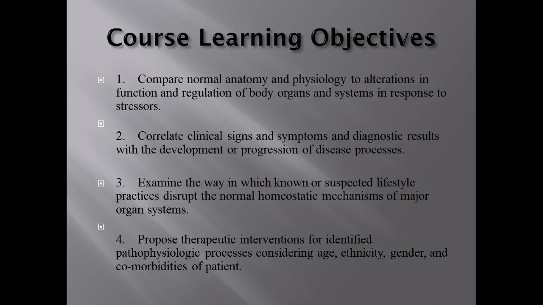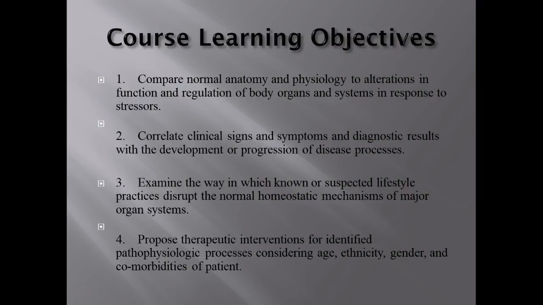Let's review the overall course learning objectives. Number 1, compare normal anatomy and physiology to alterations in function and regulation of body organs and systems in response to stressors. Number 2, correlate clinical signs and symptoms and diagnostic results with the development or progression of disease processes.